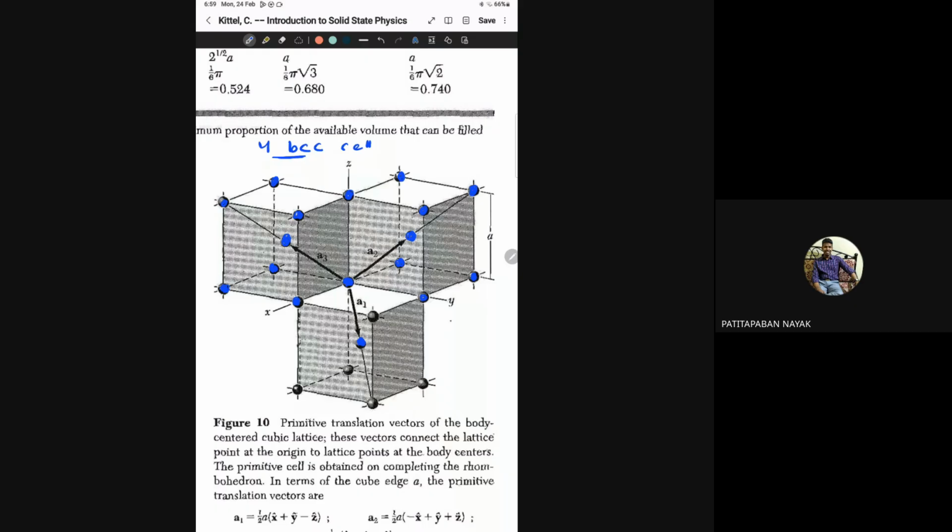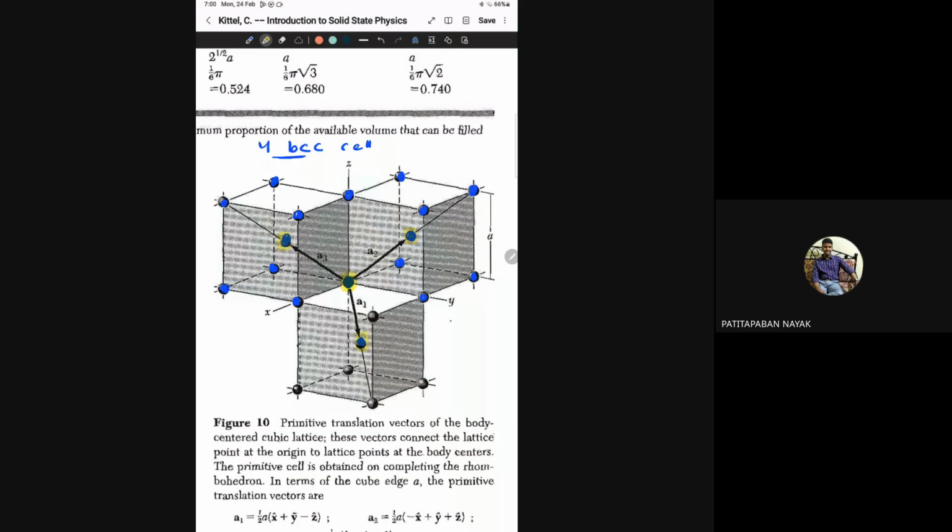It would have been the middle atom, then there would have been a top one. So if we take this atom to be the origin, and we connect this atom with this one, and this one.